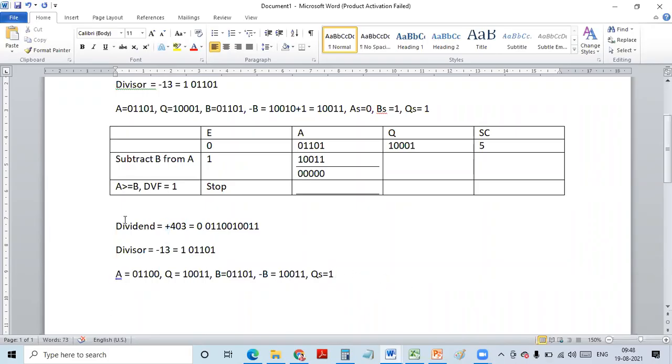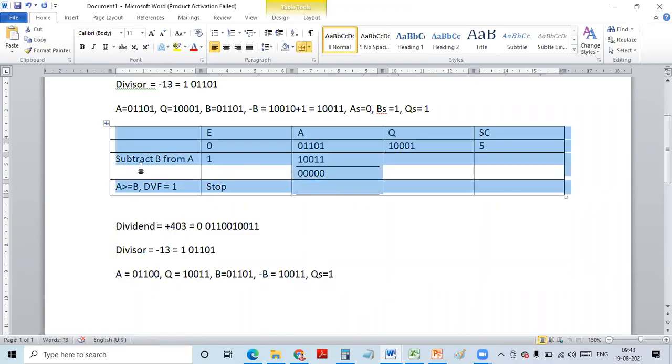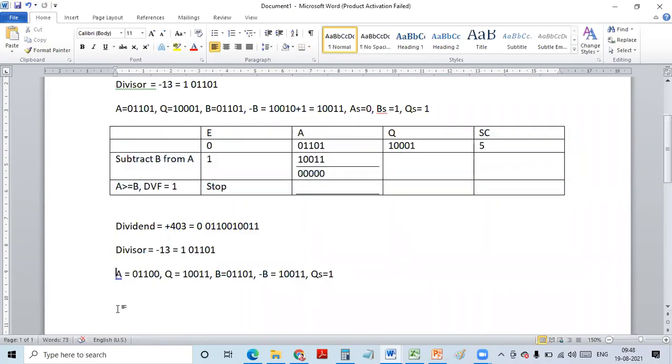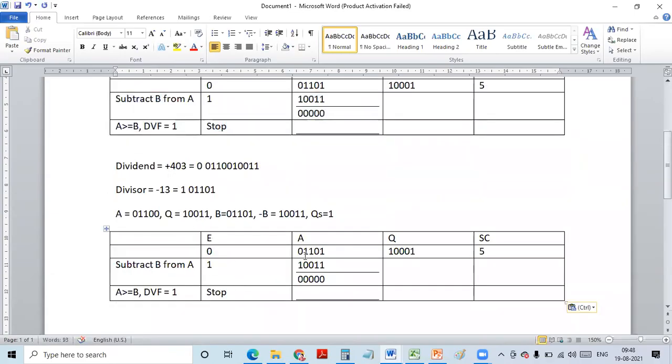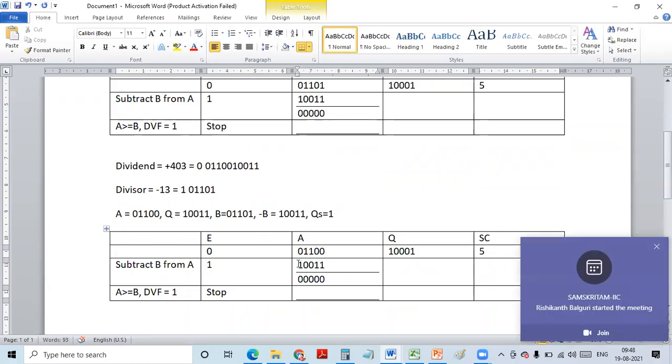Now proceed with the same table. Here your A is 1100. Initially you have to subtract B from A, nothing but add minus B. So I'm adding. After adding, what is the result?